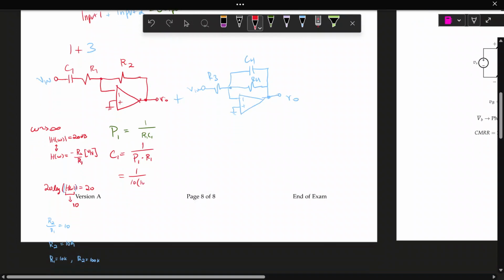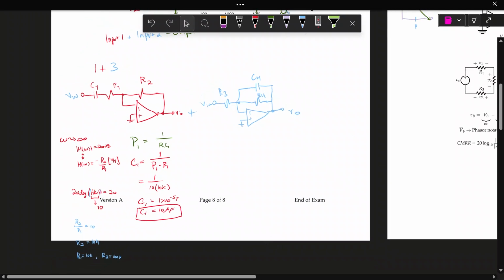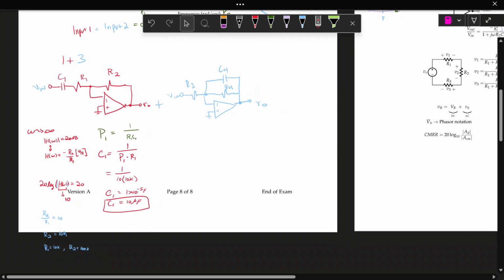R1 we let to be 10K. So C1 is equal to 1 over 10 times 10,000. 10K is 10,000. That's going to be 1 times 10 to the negative 5th farads, or 10 microfarads. So we found R1, C1, and R2.